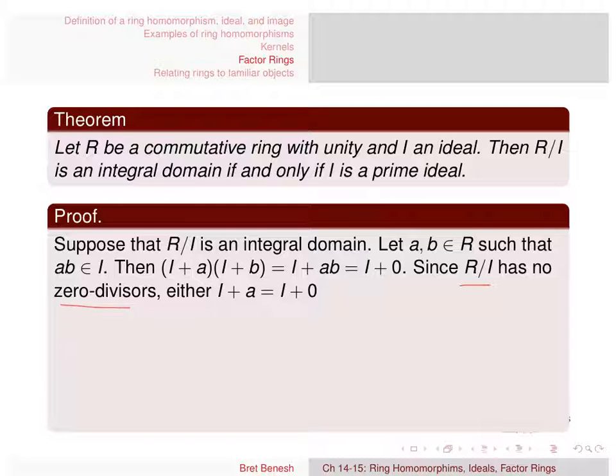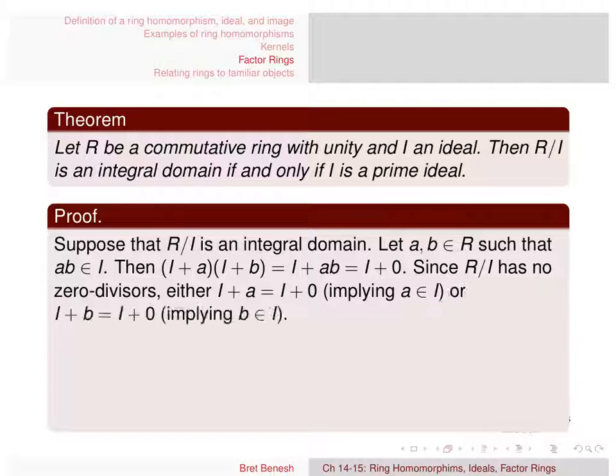So if two things multiply together to give me 0, because this is really the 0 element of the quotient ring, that means that one of them had to be 0 already. Either a plus I equals I, in which case a is in I, or b is in I. So that's exactly what it means to be a prime ideal. So I is a prime ideal. If you have the quotient as an integral domain, then I is a prime ideal.